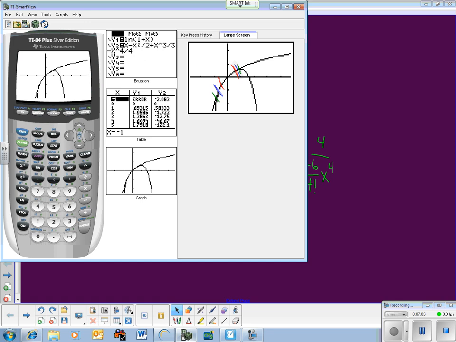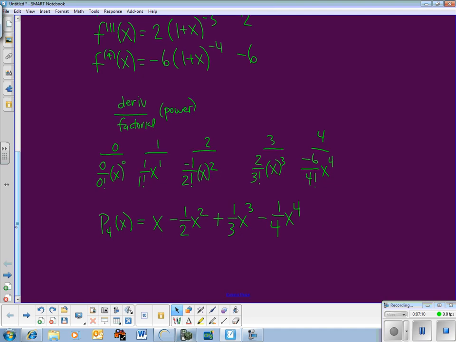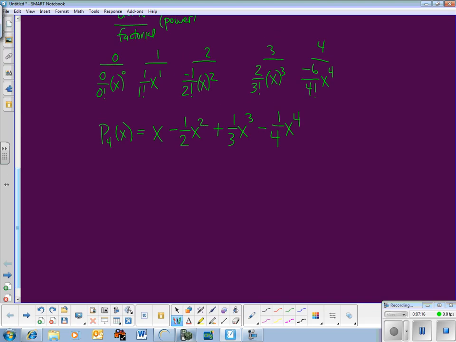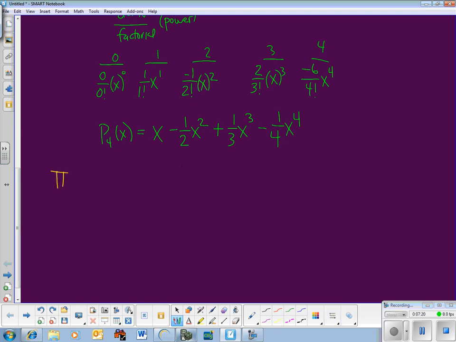Next, the whole purpose of these polynomials is to estimate the value of a function. Okay, so for instance, I could use this polynomial to estimate the natural log of 1.1.